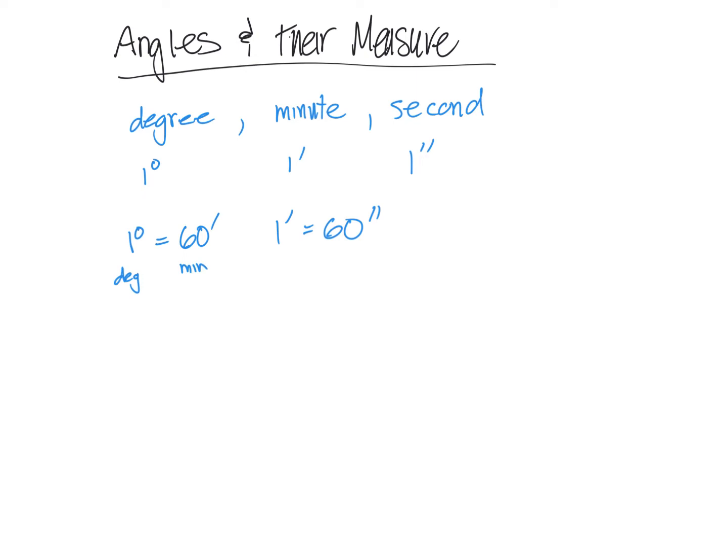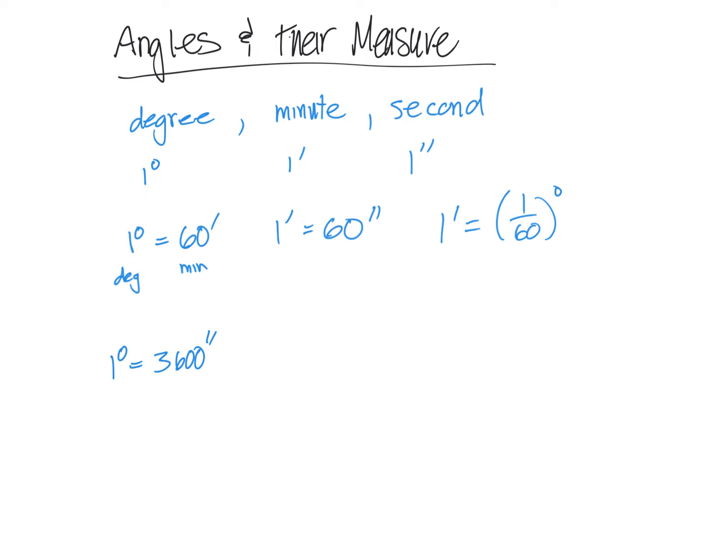And so we have other conversions to go here. So if 1 degree is 60 minutes and 1 minute is 60 seconds, then we have that 1 degree is 3,600 seconds. We have 1 minute is also 1 over 60 degrees.